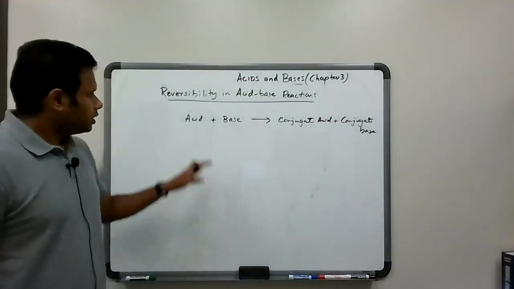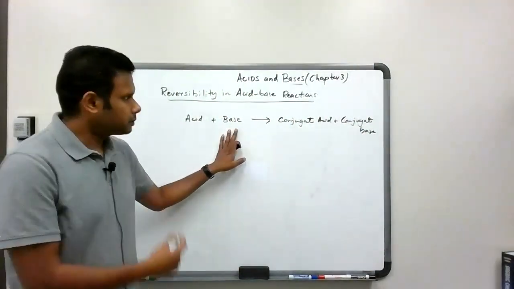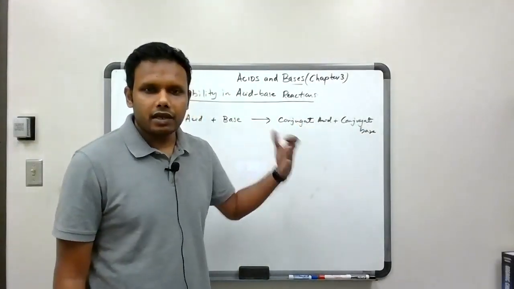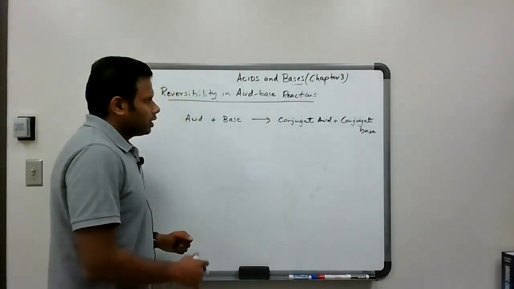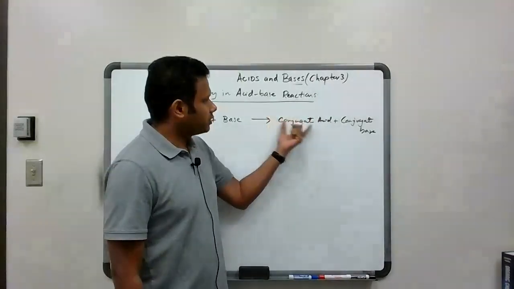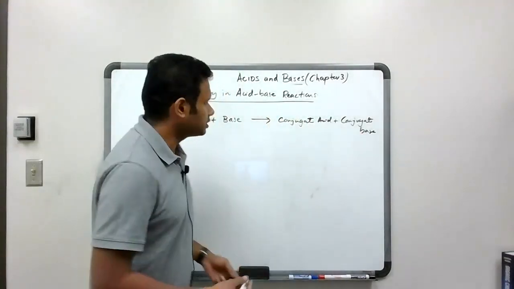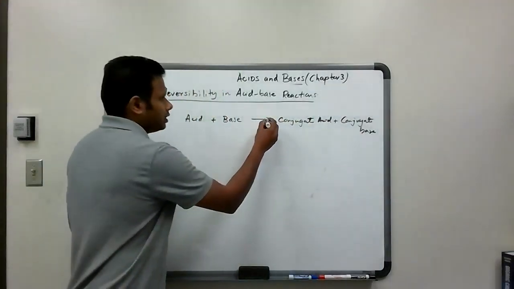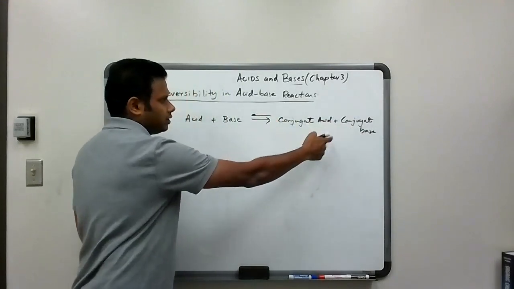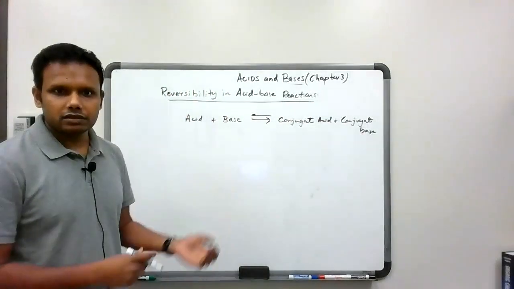That means you have an acid and a base on your reactant side, and you have an acid and a base on your product side as well. If you ignore the conjugate part of it, these species are still acids and bases. So in principle, those two could react with each other and take you back to your reactants. That is possible.